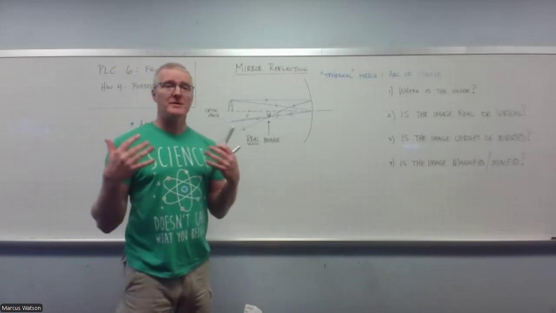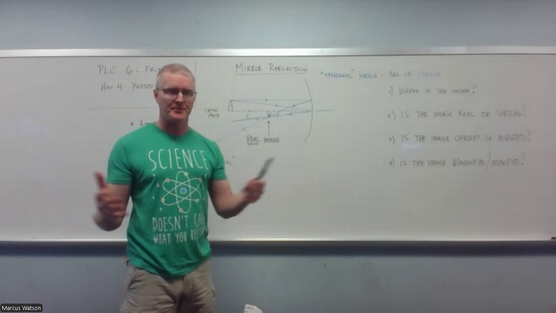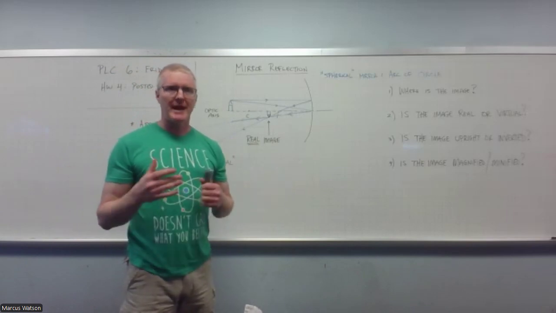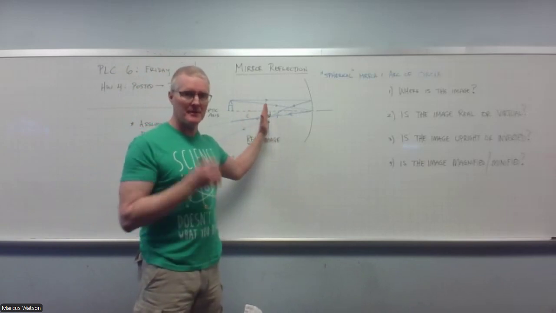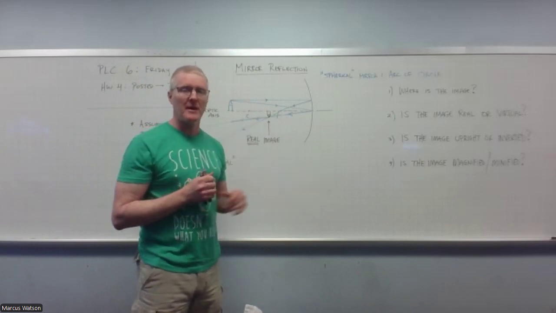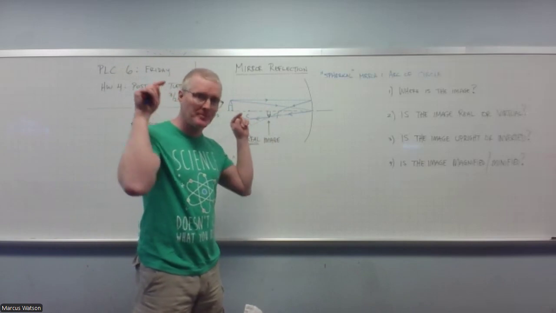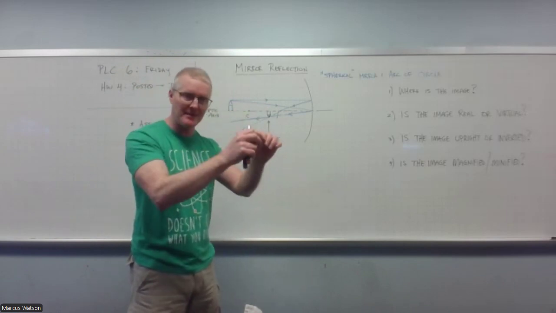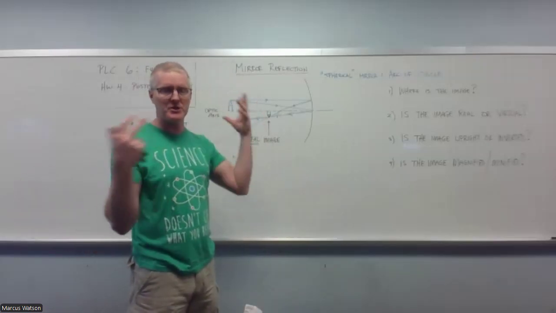Now, here is a big fundamental difference between a virtual image and a real image. You would ask, could I put a screen here and see the image on the screen? And the answer is yes. Because light would be hitting the screen, creating the image, and then diffuse reflecting off in all directions.